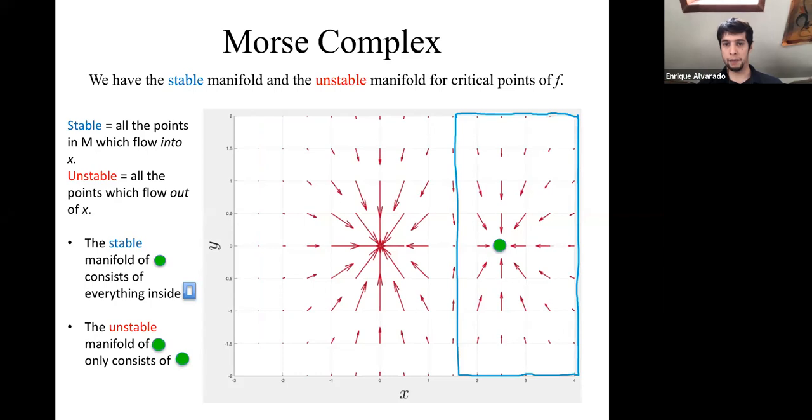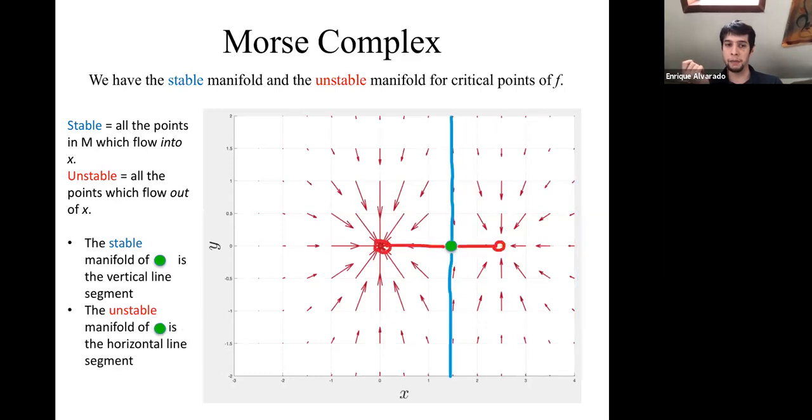And so we have the unstable manifolds for the two index 0 critical points are just the critical points themselves. So now if we go up to the next index critical point, which is the saddle point, we take a look, okay, what's the stable manifold for that critical point? It's everything that's along the blue line, and the unstable is everything that's along the red line.